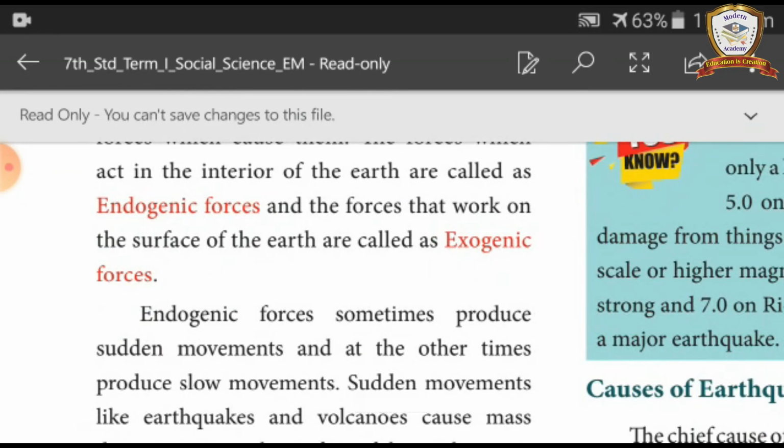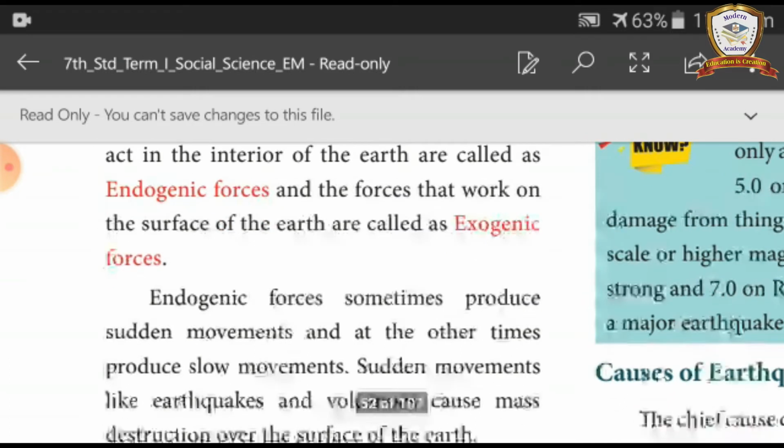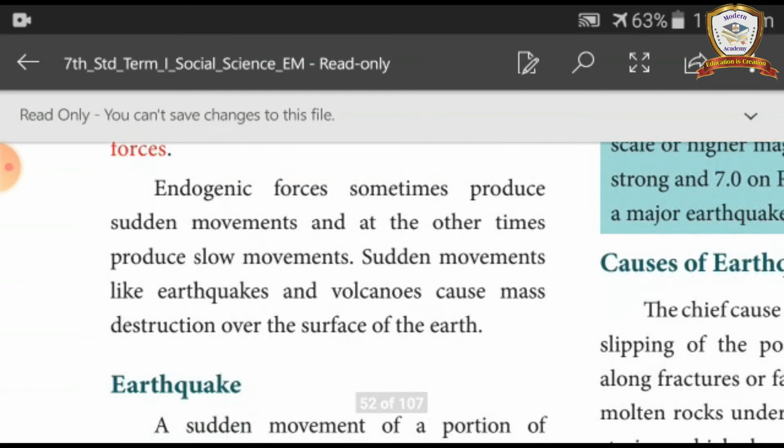Endogenic forces sometimes produce sudden movements and at other times produce slow movements. Sudden movements like earthquakes and volcanoes cause mass destruction over the surface of the earth.